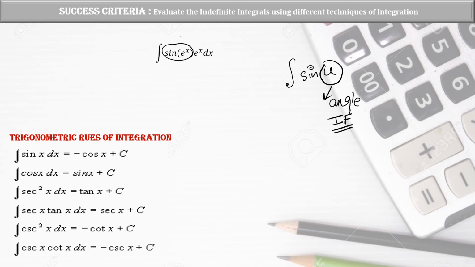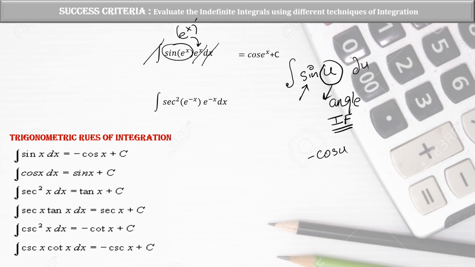Here the angle is e power x and the derivative of e power x is e power x. In such cases, if the angle is the inner function, you attack the outer function. It means the antiderivative of sine u is negative cosine u. So we will write negative cosine, and u is e to the power x as it is. Ignore the derivatives, commas and integrals while writing the answer.